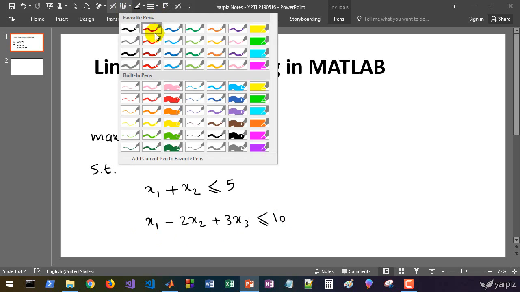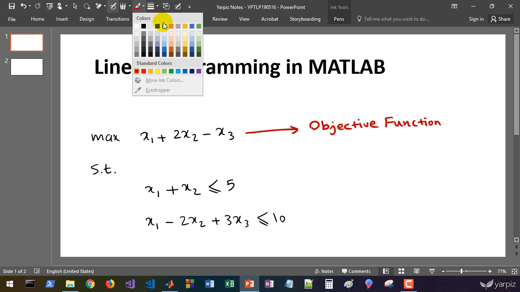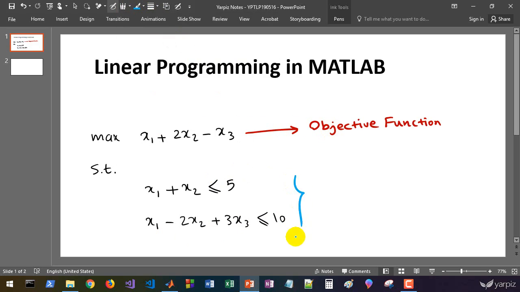So we have an objective function and we have a set of constraints, and the general structure of these constraints and our objective function is linear. Everywhere you have a linear combination of decision variables.